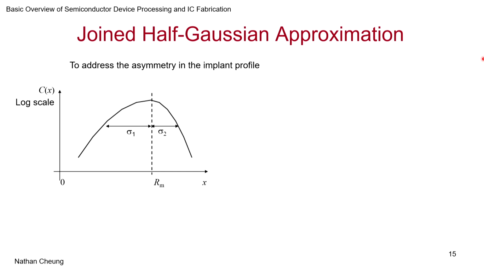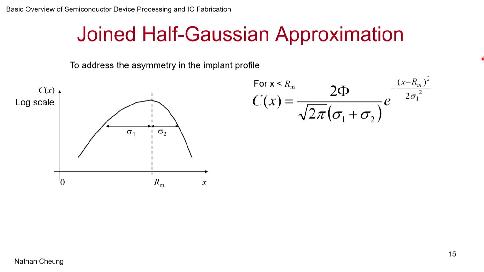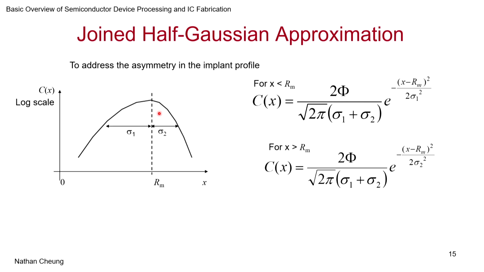So to address the asymmetry in the implant, we can assume that there are two sigmas. Okay, and this is how we do it. One is valid on this side, another is valid on the other side. So you have one Gaussian here and one Gaussian here. Of course, the denominator is sigma 1 plus sigma 2, because that will ensure that the total value at the peak location is addressed.